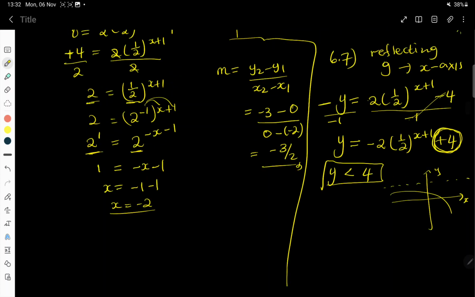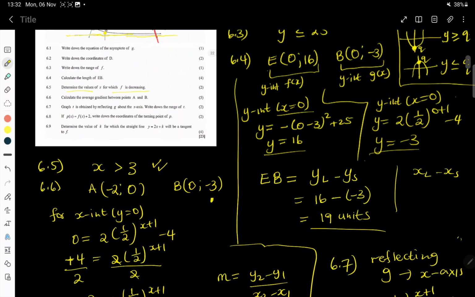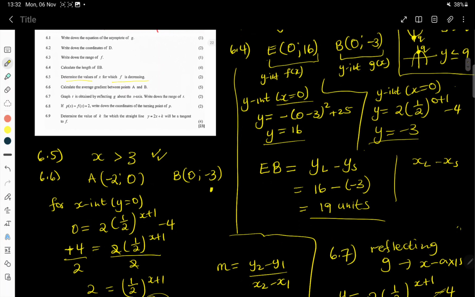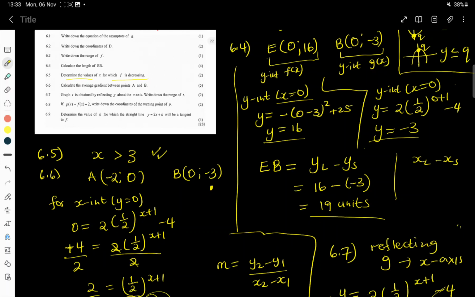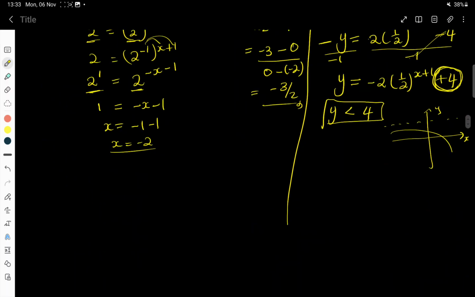your range. 6.8: if P of x is equal to f of x plus 2, you write down the coordinates of the turning point P. So now 6.8, they say if P of x is equal to f of x plus 2, you want a new turning point.